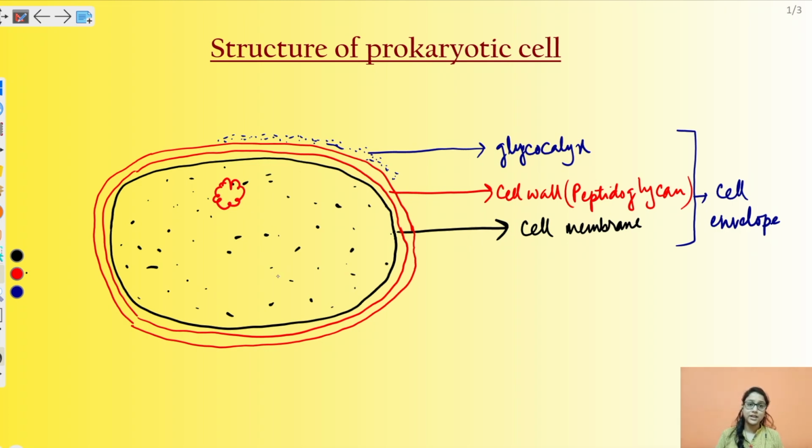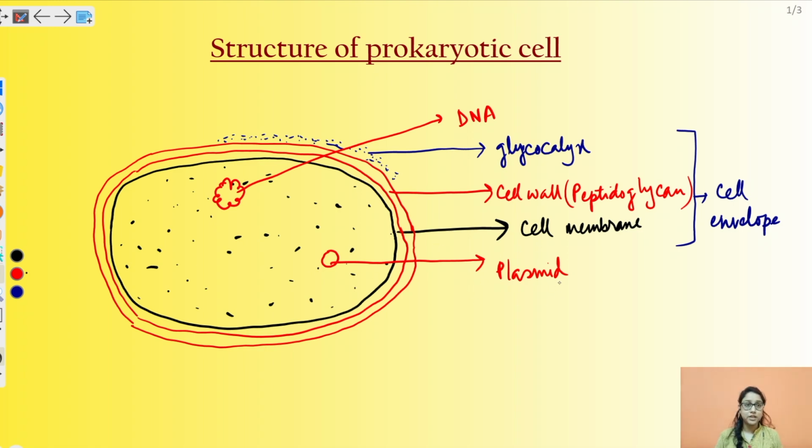And in bacteria, we can find that outside this circular DNA, there will be another DNA that is known as plasmid. The circular DNA is called genomic DNA, and the extrachromosomal structure which we can find in bacteria is known as plasmids.